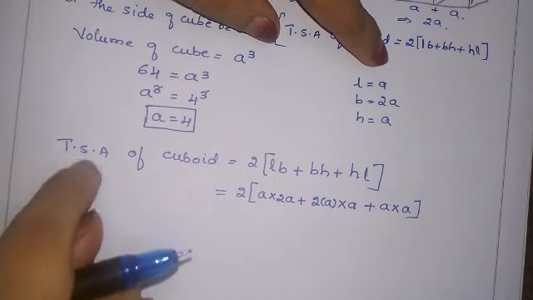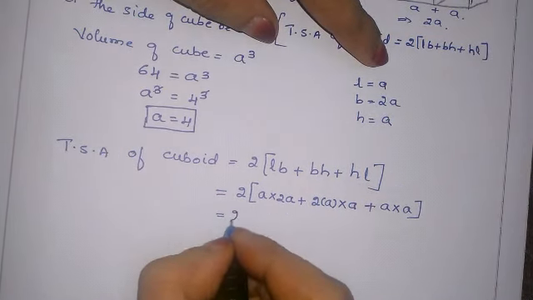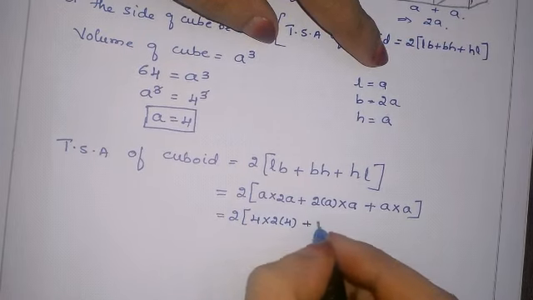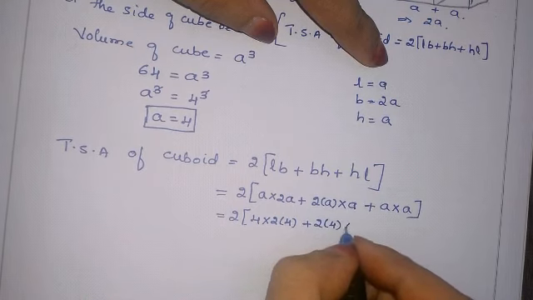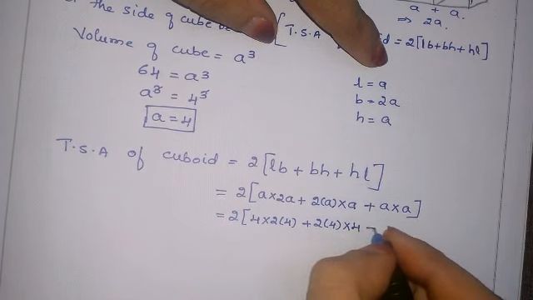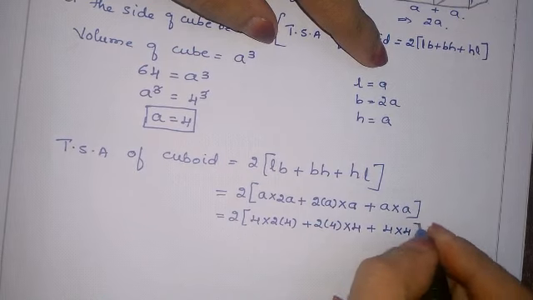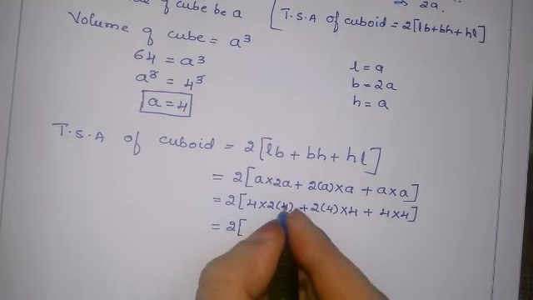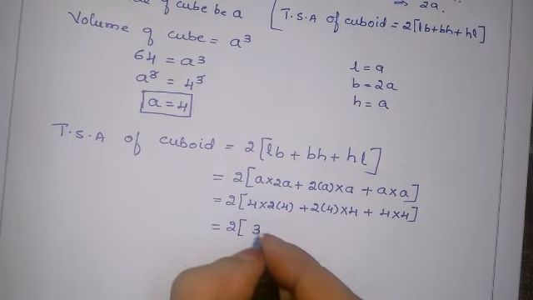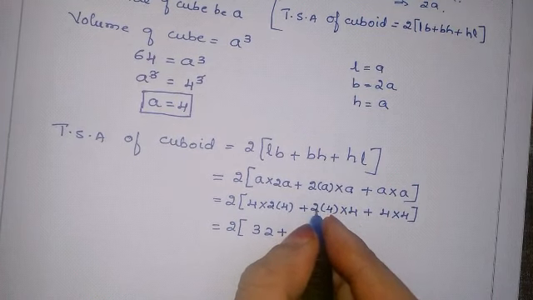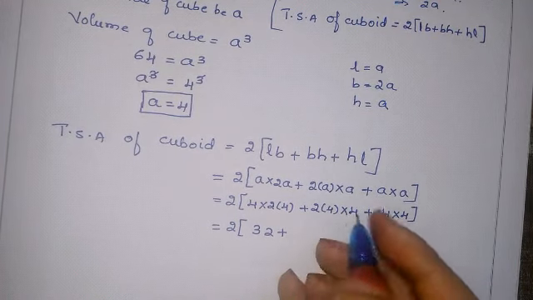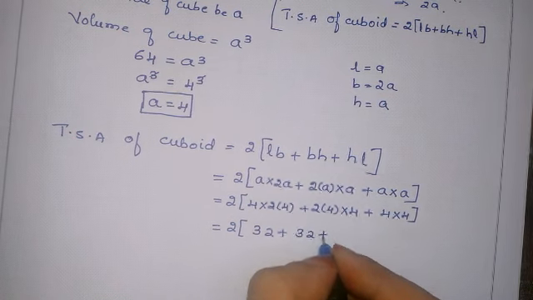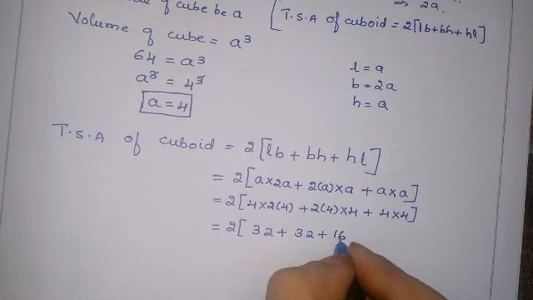Now the value of A we have got is 4. So let us substitute: 2 into 4 into 2 into 4, plus 2 into 4 into 4, plus 4 into 4. In place of A I am writing 4. So 2 4s are 8, 8 4s are 32, plus 4 2s are 8, 8 4s are again 32, plus 4 4s are 16.